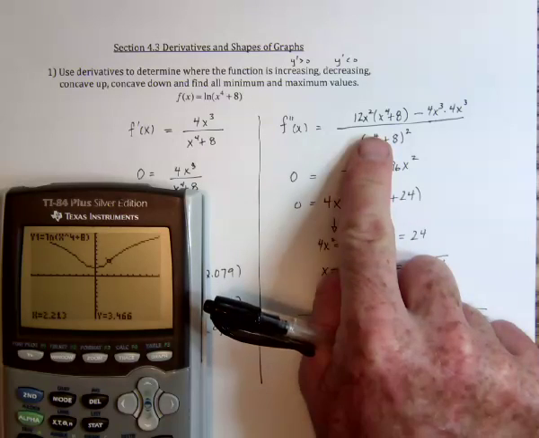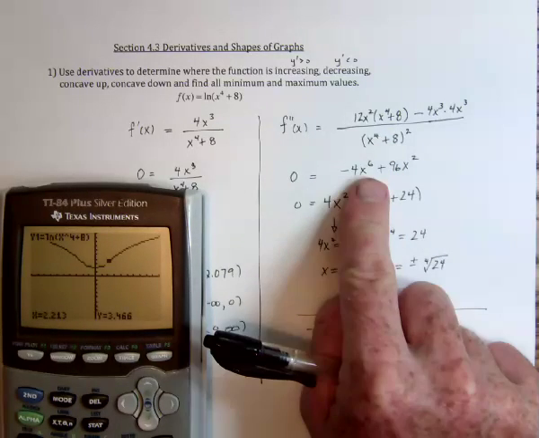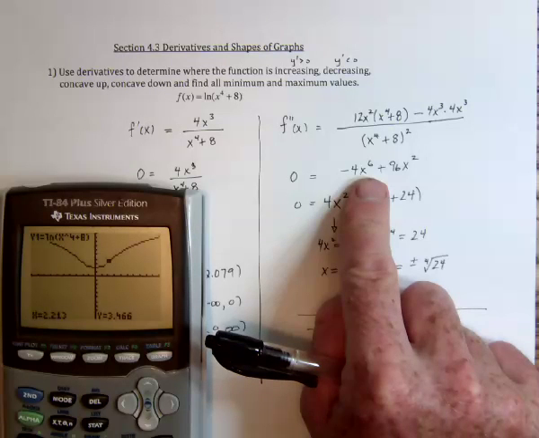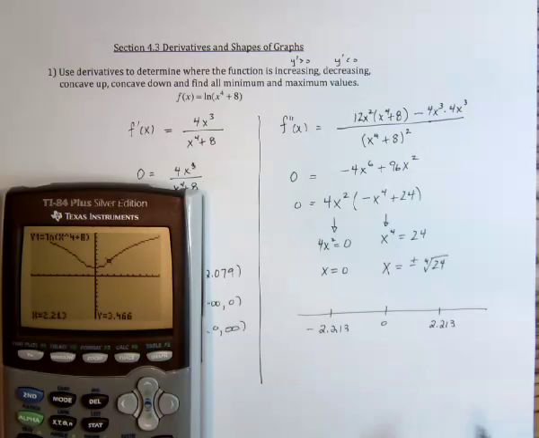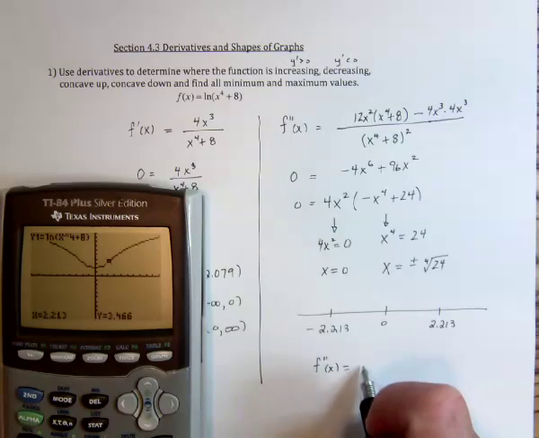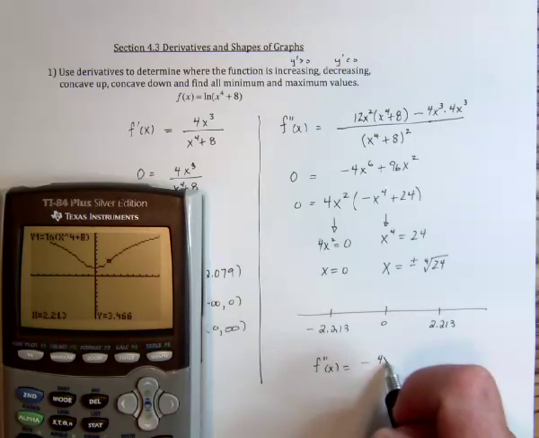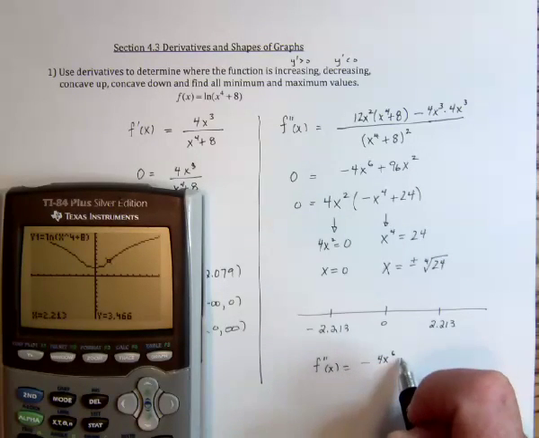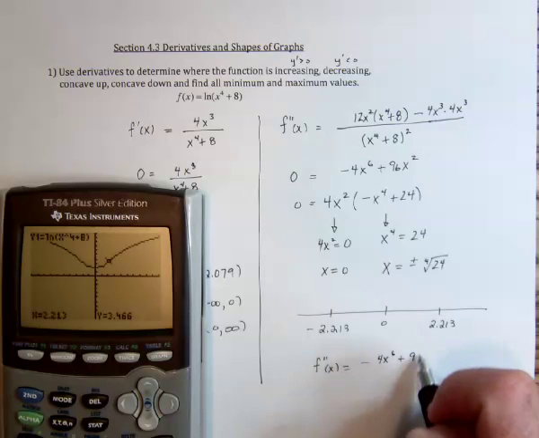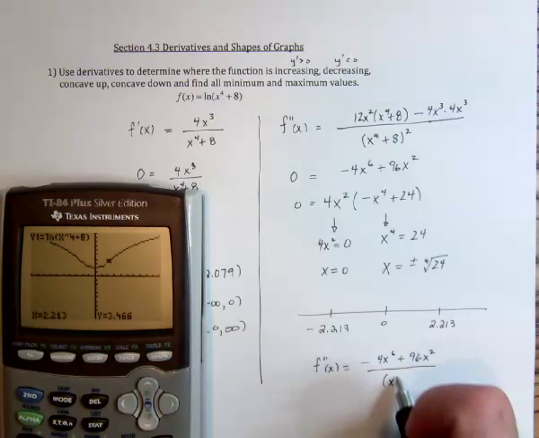And then we're going to test it in the second derivative. So keep in mind this was the numerator. So we've got the second derivative is equal to, so this was the numerator once we simplified it, 4x to the 6th plus 96x squared divided by the denominator.